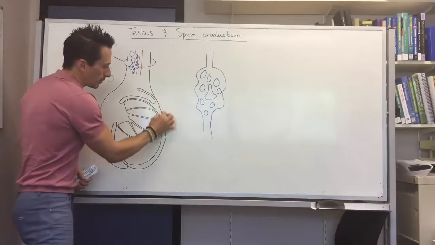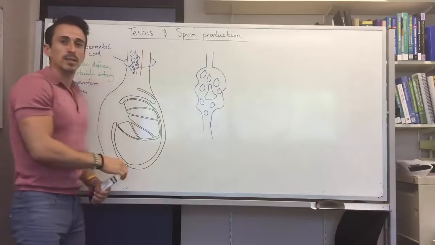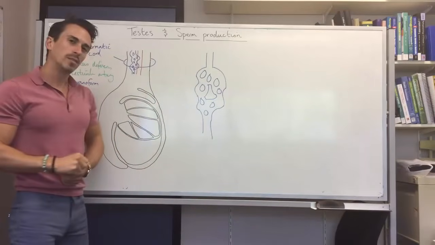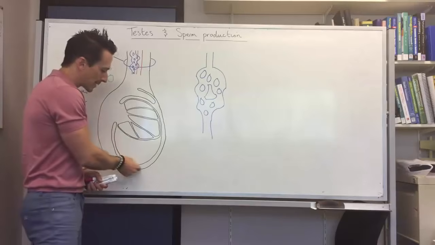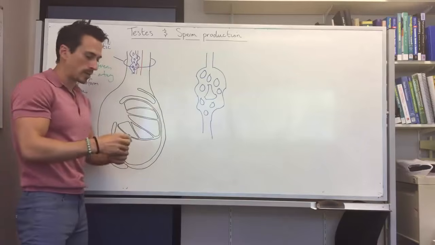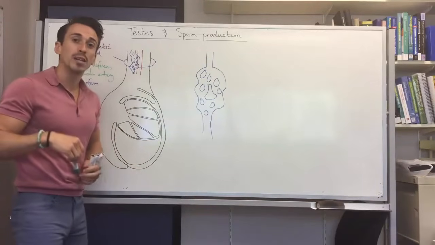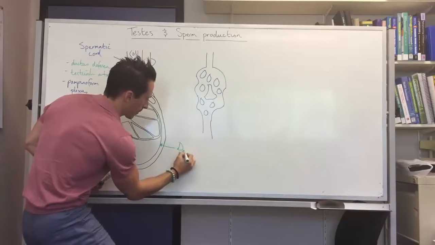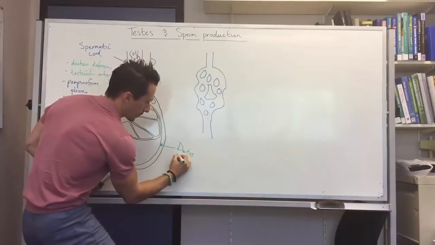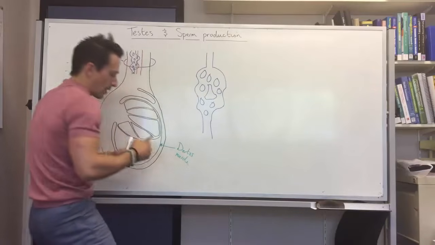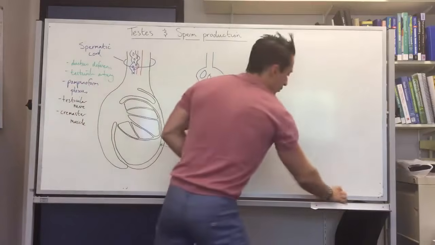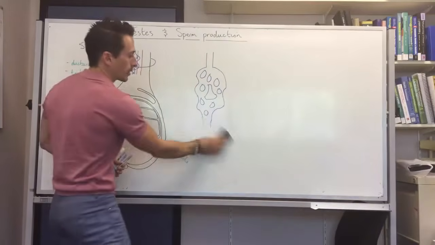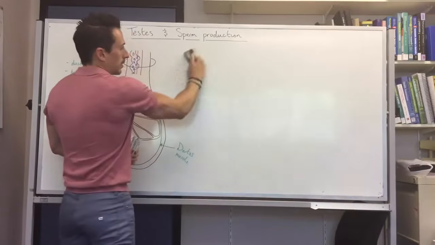You've got a couple of different layers surrounding the testes, which we won't really go through, but it's important that you know that there is a muscular layer surrounding the testes, and that muscle is called the dartos muscle. The dartos muscle plays another important role in temperature regulation of the testes.